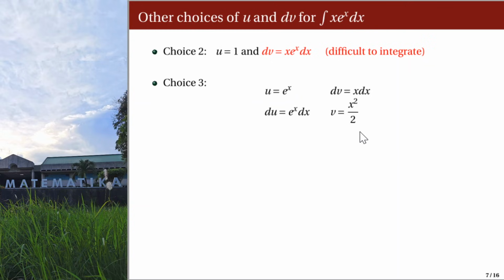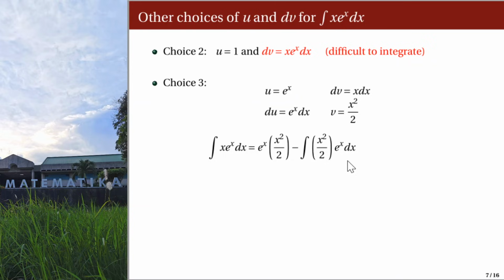So, by the formula of IBP, we will have integral ng u dv equals uv, so copy, minus integral of v du. Okay? Pero, anong napansin nyo naman dito sa integral ng v du now?